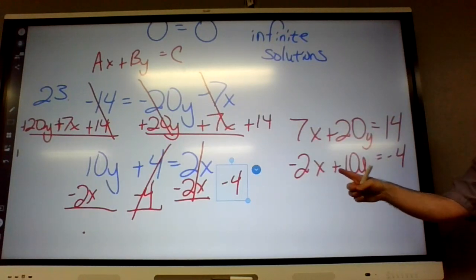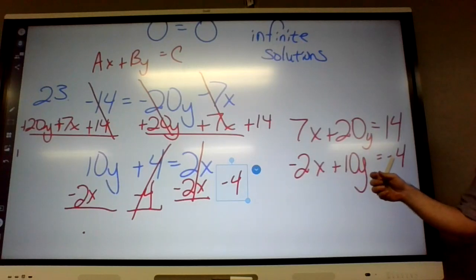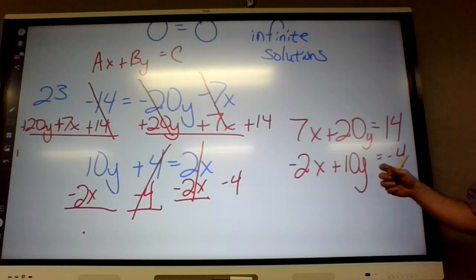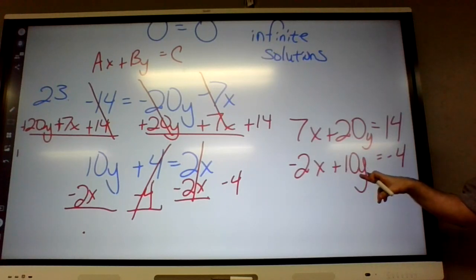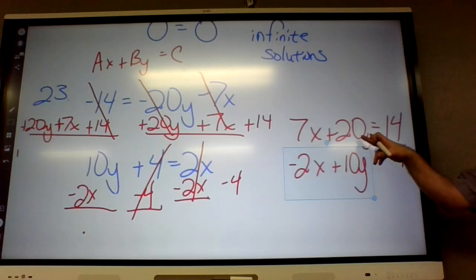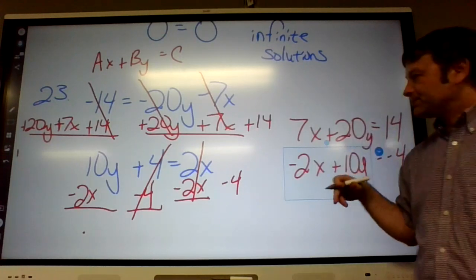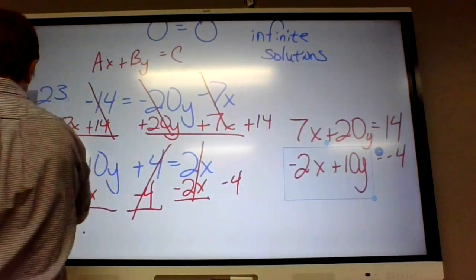Which would be easier to get rid of, the x's or the y's? The y's. Now that we've done that, it's easier than the last problems because we only have to multiply the bottom line. What do I need to multiply 10y by to turn it? Negative 2, because I want a negative 20y.